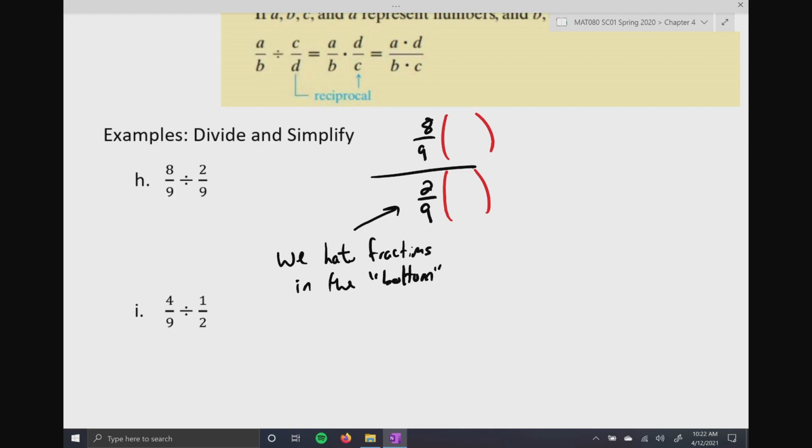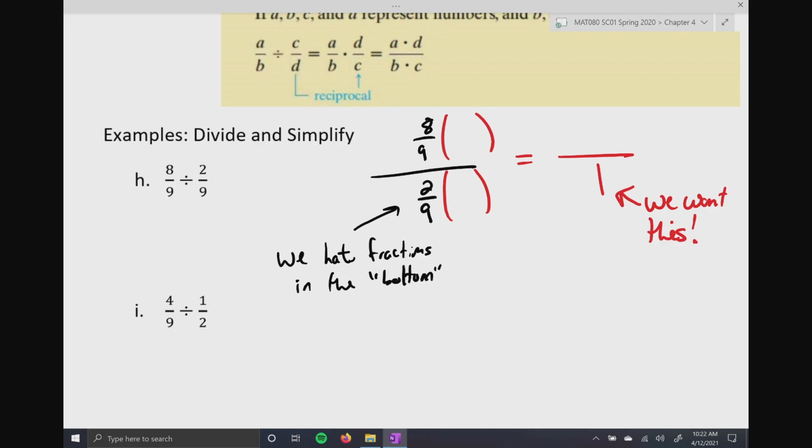Now, here's the thing. I don't like fractions in the bottom. The only number that I really want in the bottom is a number 1. In other words, we want a number 1 in the bottom. The only way I can get a number 1 in the bottom is by multiplying by the reciprocal.